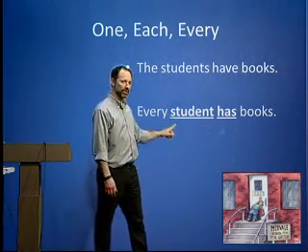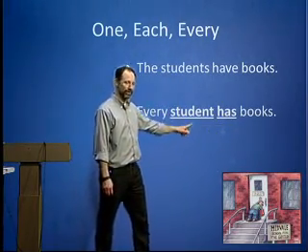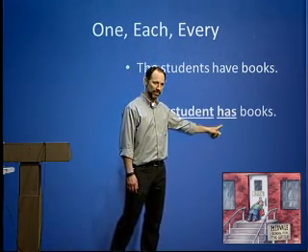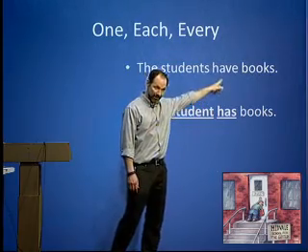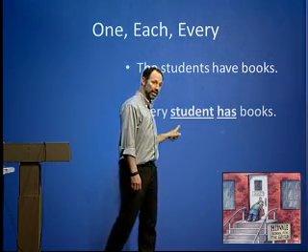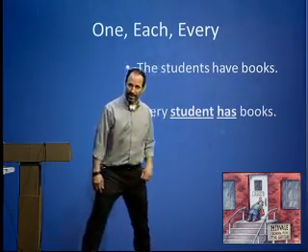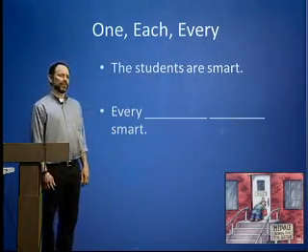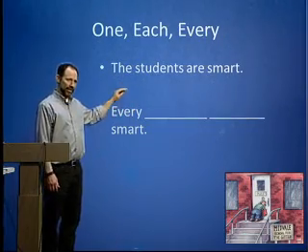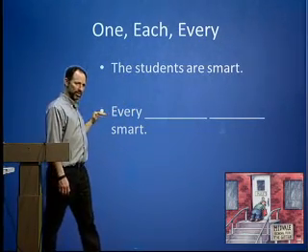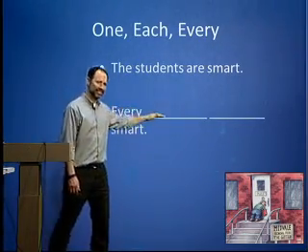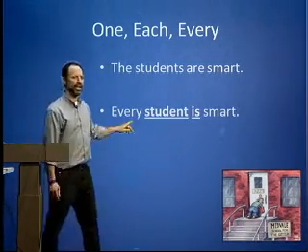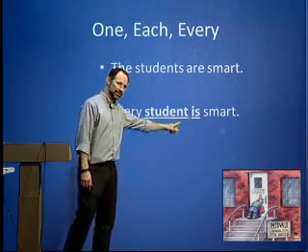So after every, we're going to use a singular noun and then the third person singular form of the verb. So from students have to every student has. And then with the verb be and every, if it's the students are smart, what about every? Every student is smart.